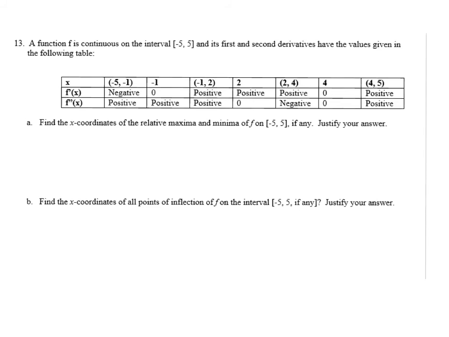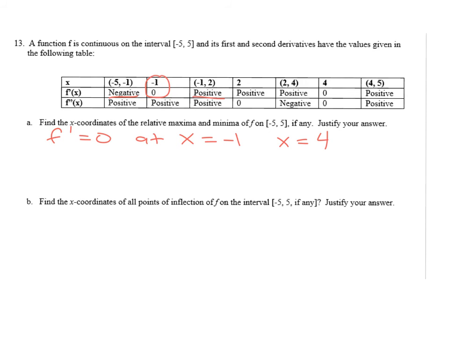So let's see. Where is f prime equal to 0? f prime equals 0 at x equals negative 1 and x equals 4. Are either of those max, min, or neither? So x equals -1 changes from negative to positive.